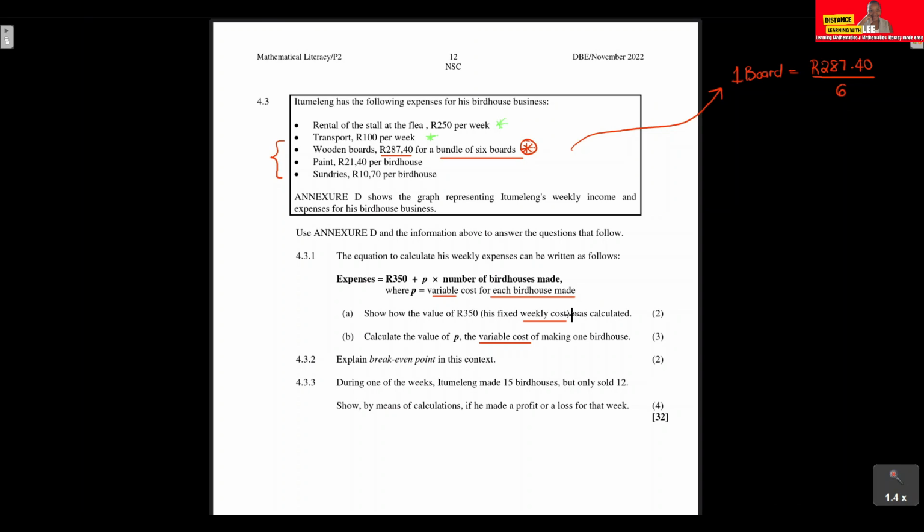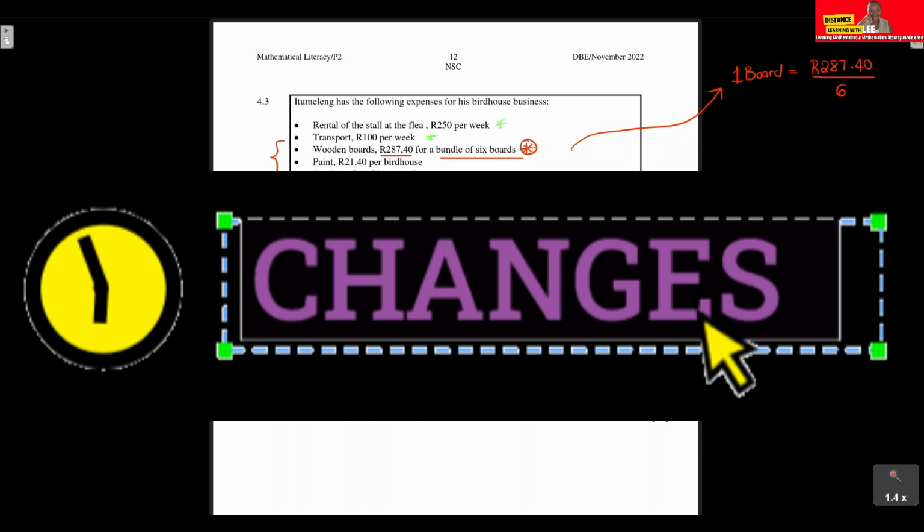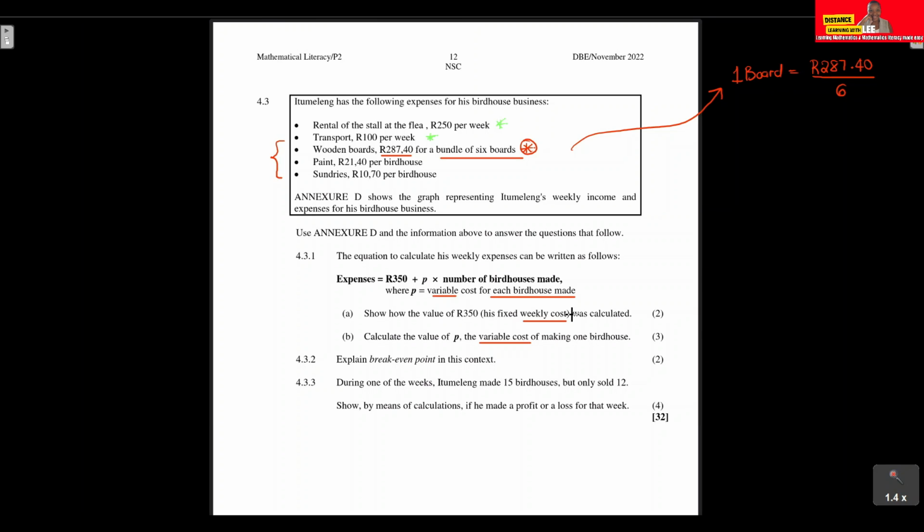But when you look at question B and talk about variable costs, if something varies, it changes. In this case, the number of birdhouses that he makes can change. Maybe this month he will decide that he wants to make 7 birdhouses, and the next month he decides that he wants to make 10. So depending on how many birdhouses he wants to make, the variable cost can change.